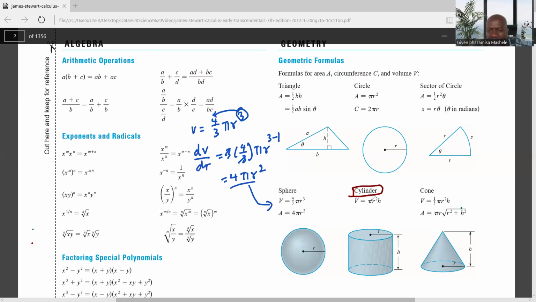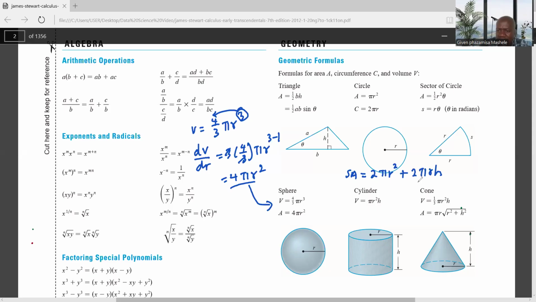Then again, we have that one of a cylinder. Now with the cylinder, ladies and gentlemen, a cylinder has a volume of pi r squared h. And when we are dealing with a cylinder, if we assume that it is closed, its surface area will be the area of the circles, which is 2 pi r squared, plus the side area, which will be 2 pi rh.